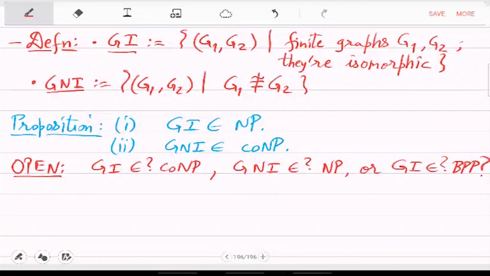Okay, so, we do not even know whether graph isomorphism is in BPP. That is a major open question.